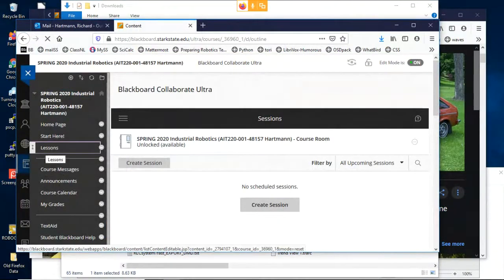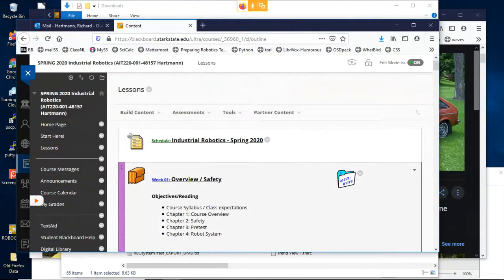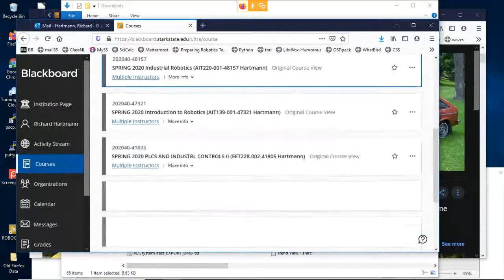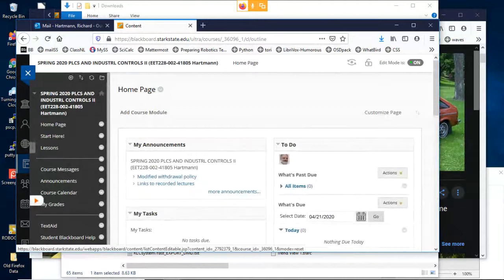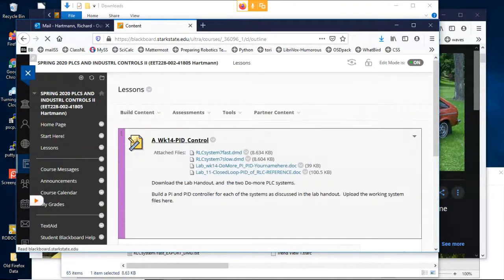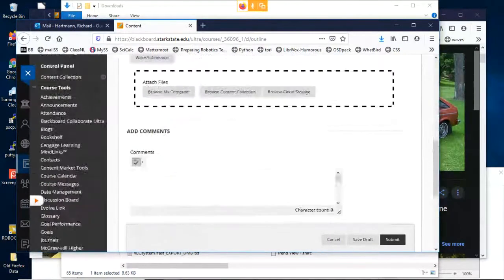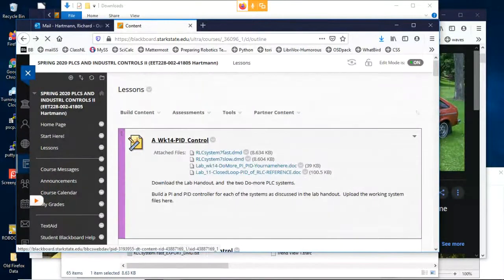So if we go to lessons, today's lab might help if I get in the right class. All right, so today's lab here is to use the simulator.